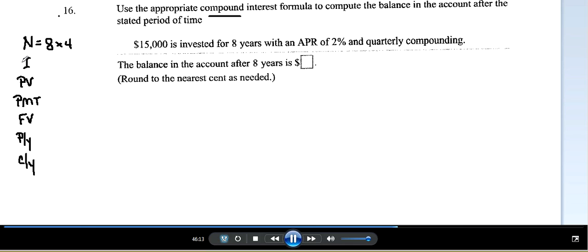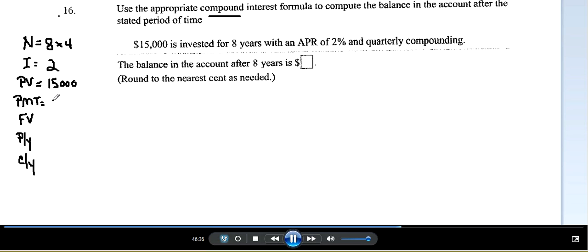And the interest here is going to be 2%. The present value is the amount invested, so that's the 15,000.